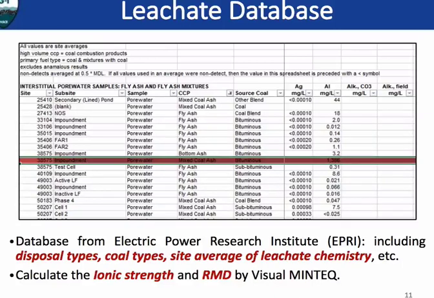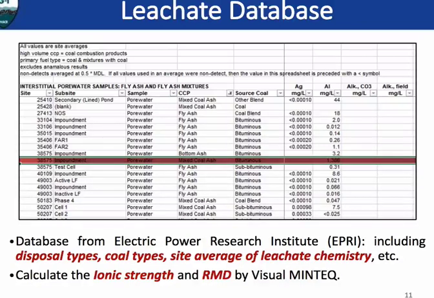In the database, you can see from this slide, it included coal types, disposal types, and site average leachate chemistry. This database includes 38 landfills and surface impoundments. We use only the leachate data, which is the sample collected from the leachate collection system, or the water collected from the pore water. I mean, pore water means pumped from the waste.